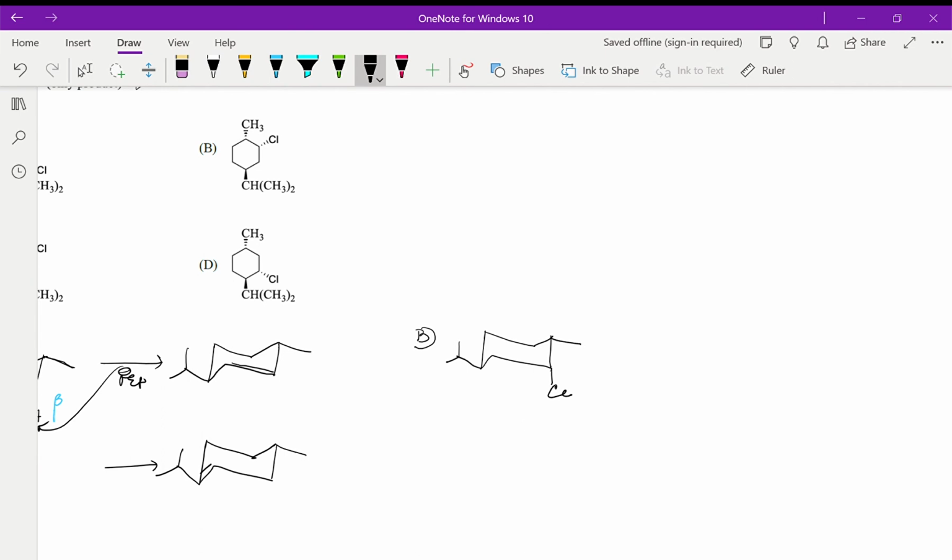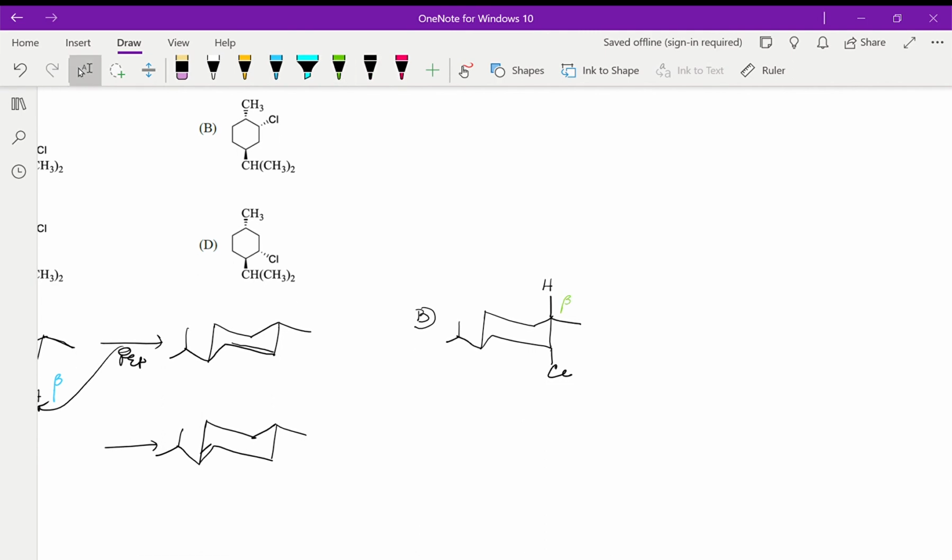Methyl again down, so it is going to take up the equatorial position. So with respect to this Cl, now we have a hydrogen in the beta position, and that is anti. With respect to this Cl, we have another hydrogen over here which is in the beta position. Okay, so this is the hydrogen we are talking about. All right, so that is also in the beta position.